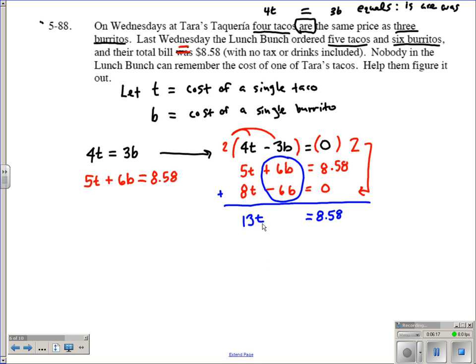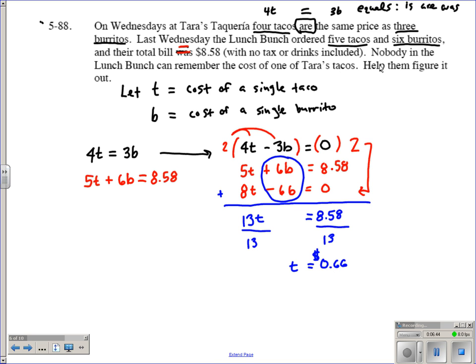If I want to find the price of one taco, I'm going to divide this side by 13 and divide this side by 13. And I'm going to get the cost of one taco, and I've already done this on the calculator, so I know exactly how much this is. It would be 66 cents for one taco.